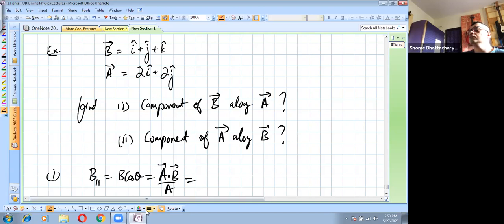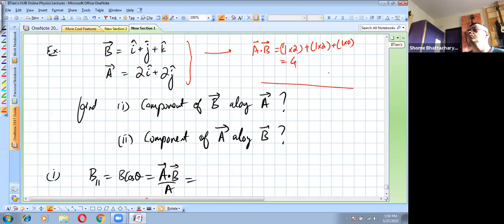So you can see from the two vectors given, A dot B will be how much? 1 into 2, plus 1 into 2, plus 1 into 0. So A dot B is 4.